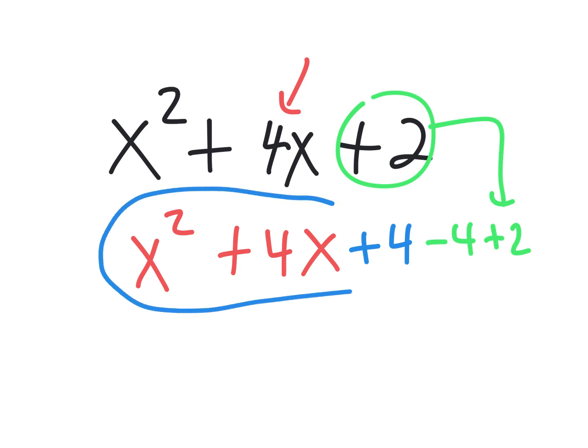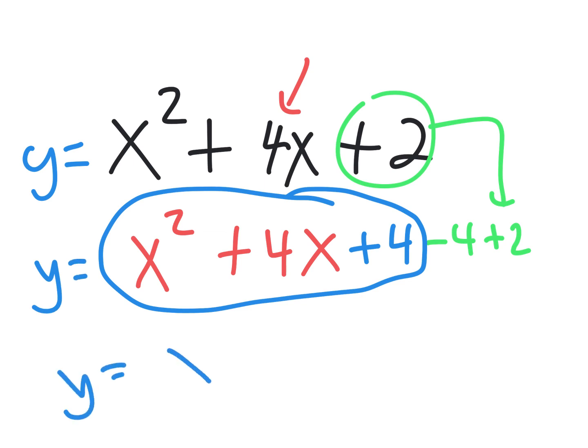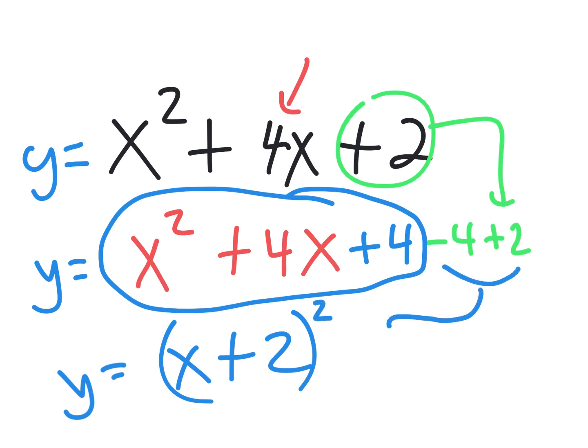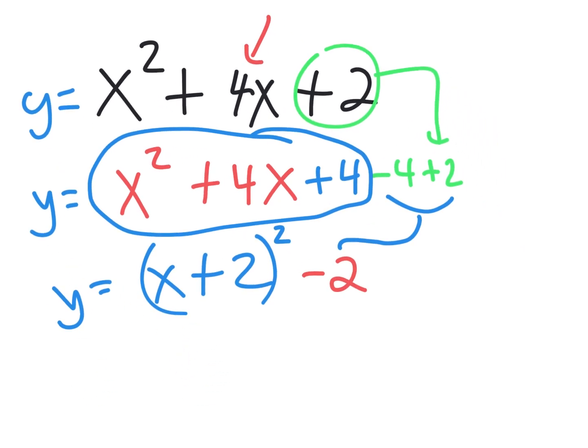This part's the perfect square. You could put 2x plus 2's, but I'm just going to say x plus 2 squared. And this part is my minus 2 at the end.